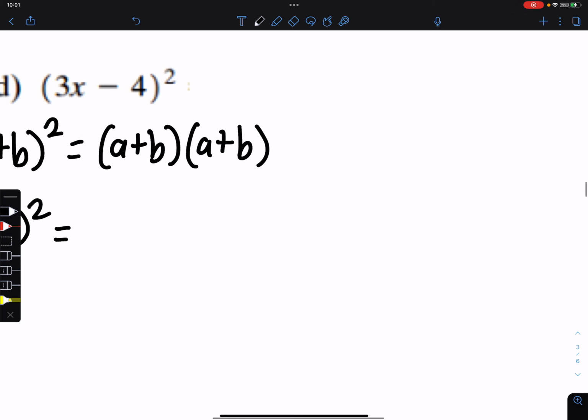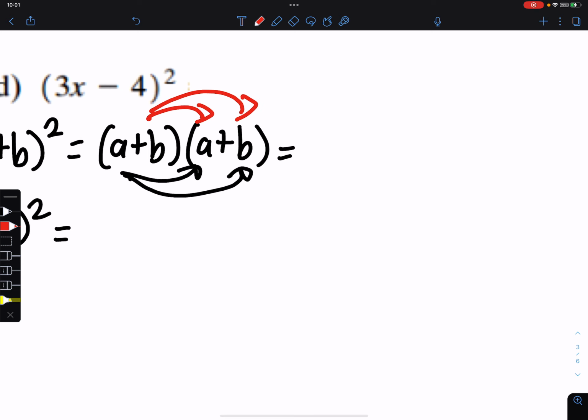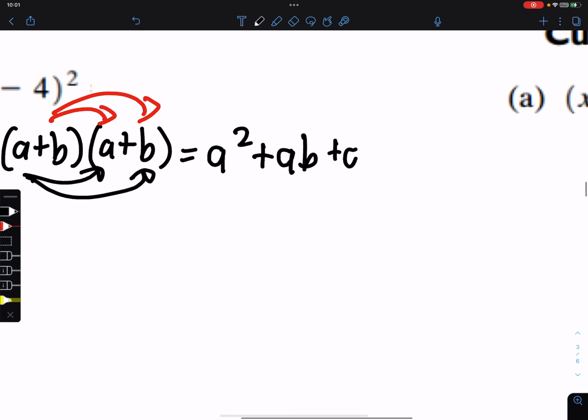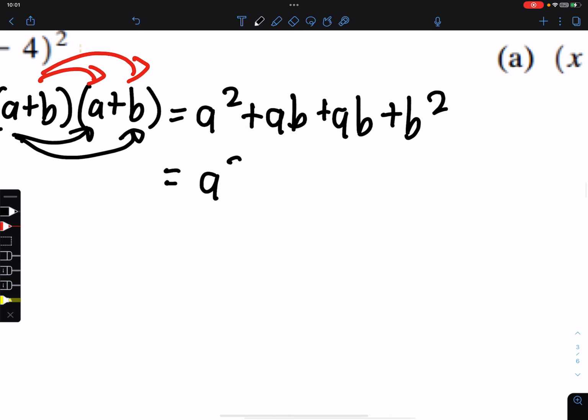Okay, let's do this times this times this, and also this times this, and this times this. Okay, a times a is a squared, a times b is plus ab, b times a is plus ab again, and then b times b is plus b squared. Then we get a squared plus 2ab plus b squared.